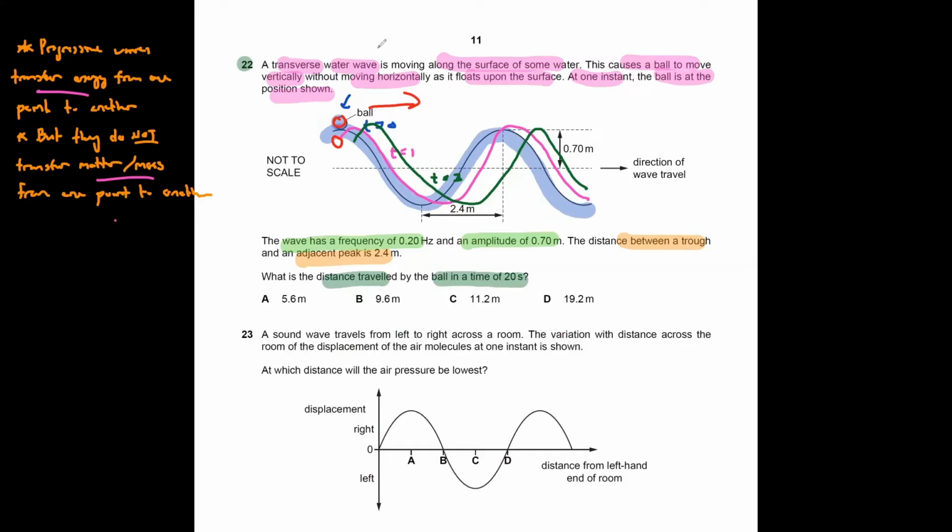And then if you look at the green colored wave profile, another 1 second later at t equals 2 seconds, the ball will move further down. So it's actually moving down. If you extrapolate its motion with time, that ball is just going to be oscillating up and down as your wave profile moves. It's not going to be moving to another position following the wave profile.